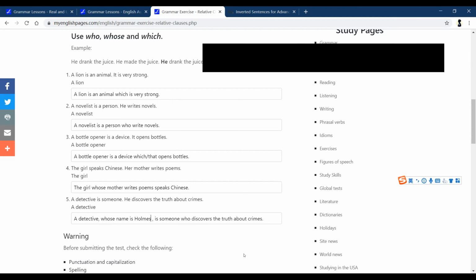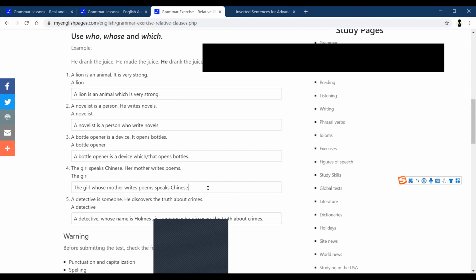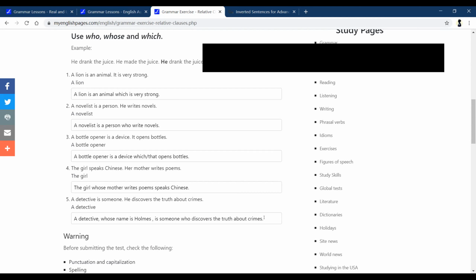And also we can make it more colorful here. Like is someone who discovered the truth about crimes that happen in his life.